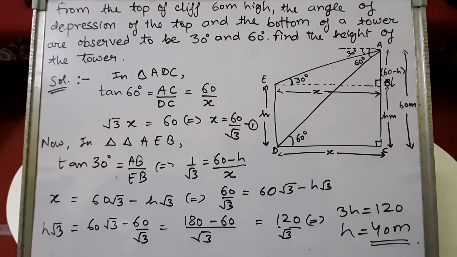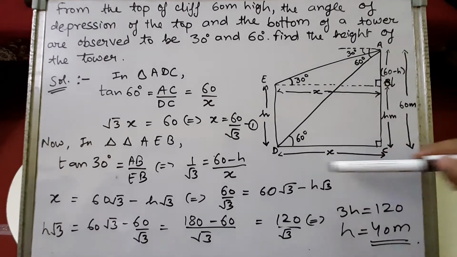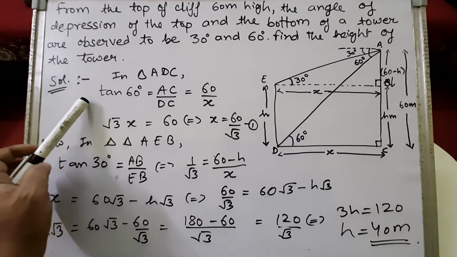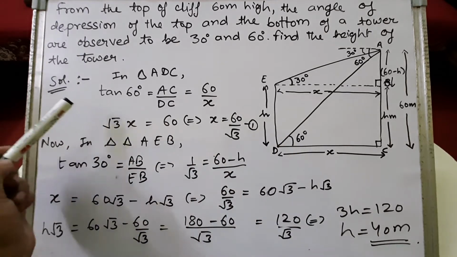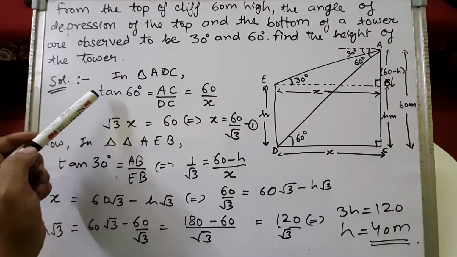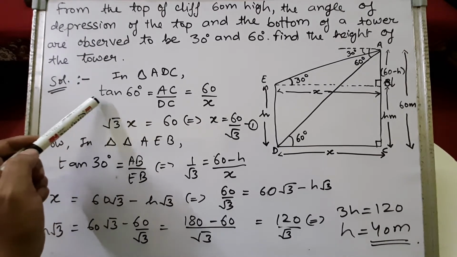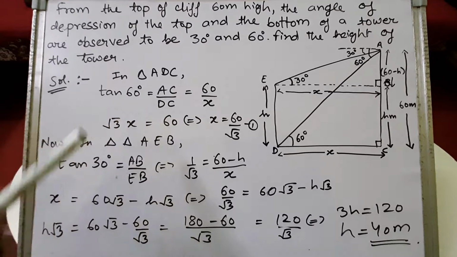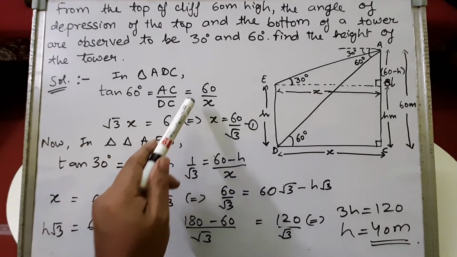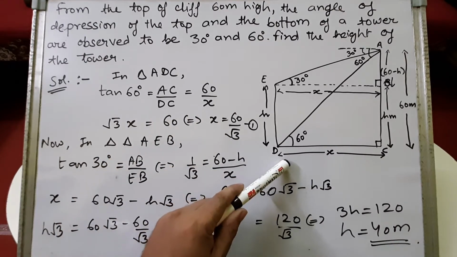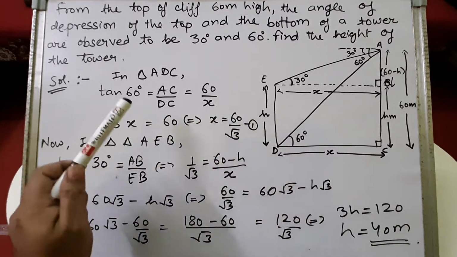Now in triangle ADC, if we take tan 60 degrees, tan relates perpendicular and base. So tan 60 degrees will be AC upon DC. Now children, the AC length is 60 and the DC length is X. We have assumed DC as X and ED as h, right?